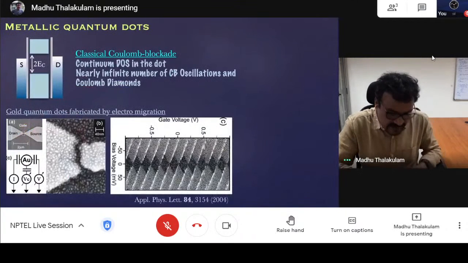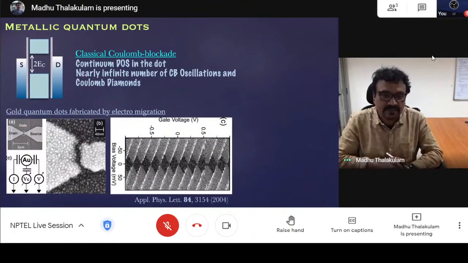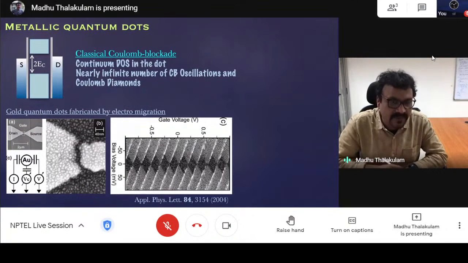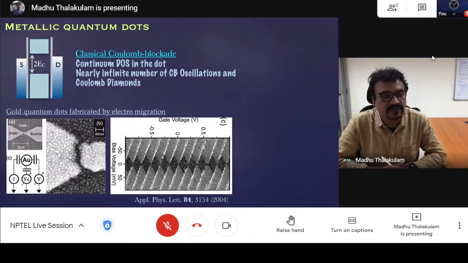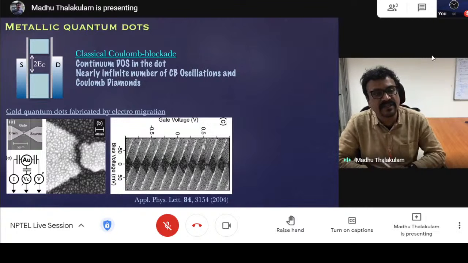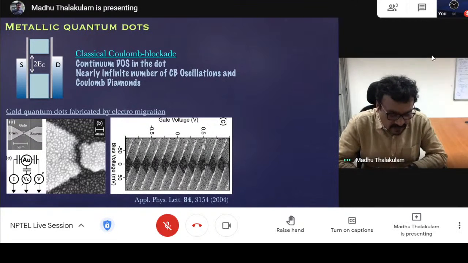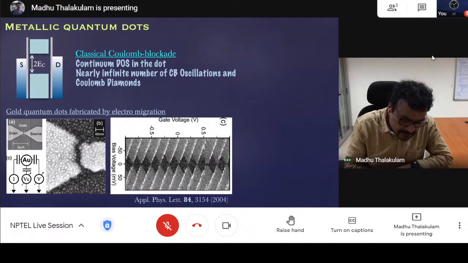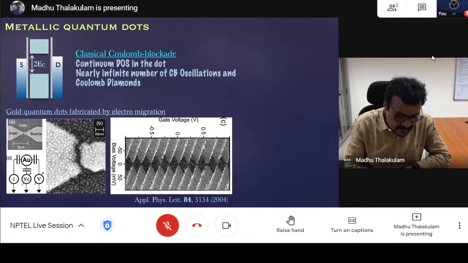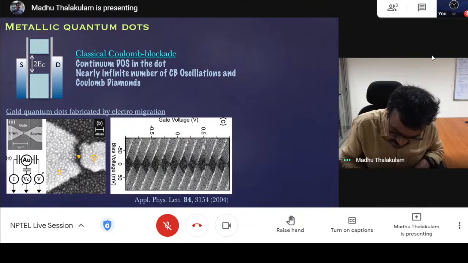Now, these are some practical Coulomb diamond plots. In this specific case, we have some small grains of aluminum trapped in the middle. So you have a source region and a drain region. Let me change the color here a little bit.